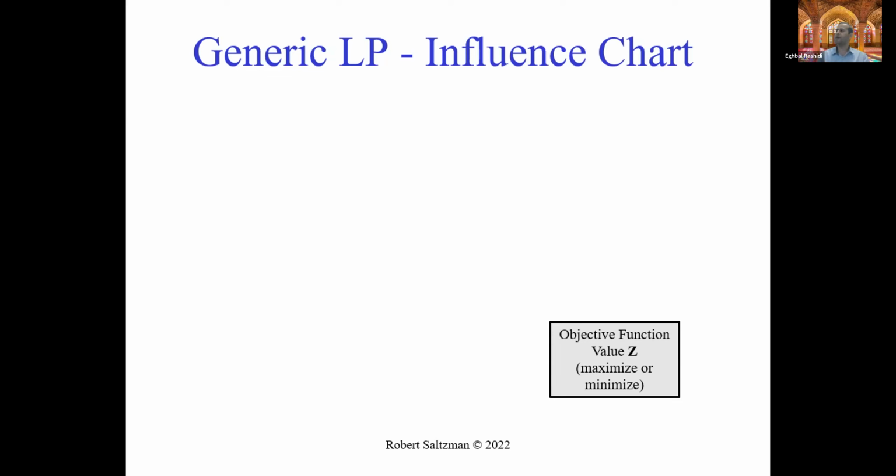So with the influence chart, we learned that you start from the end and work backward. What is the end? The end goal, the objective function, is the total return on investment after a year. So what influences that? We need to find all the factors that would impact it.